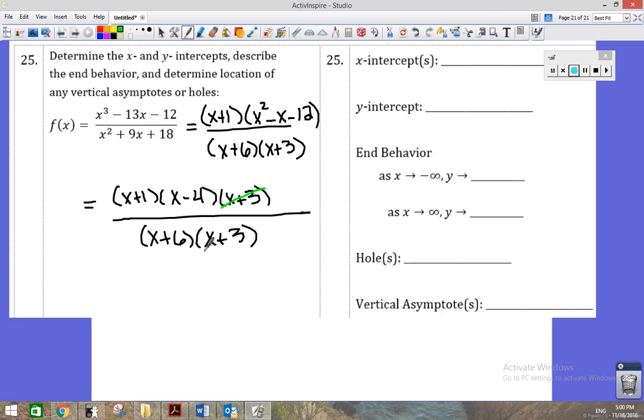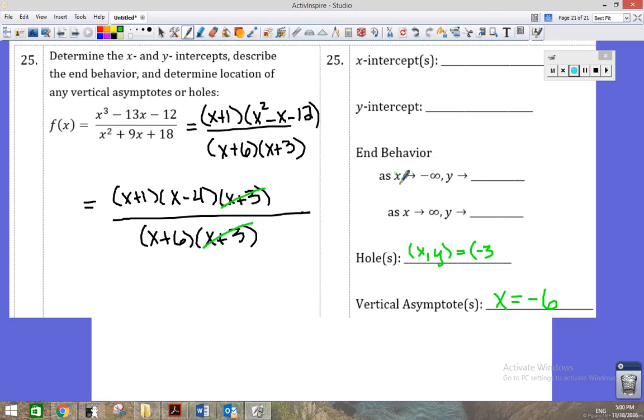The x plus 3 and x plus 3 is creating a hole in the graph. So I know that the coordinates of my hole, or at least the x coordinate, is a negative 3. I know that x equals negative 3 is not going to be a vertical asymptote. This over here, this x plus 6, x equals negative 6, is the equation of a vertical asymptote.